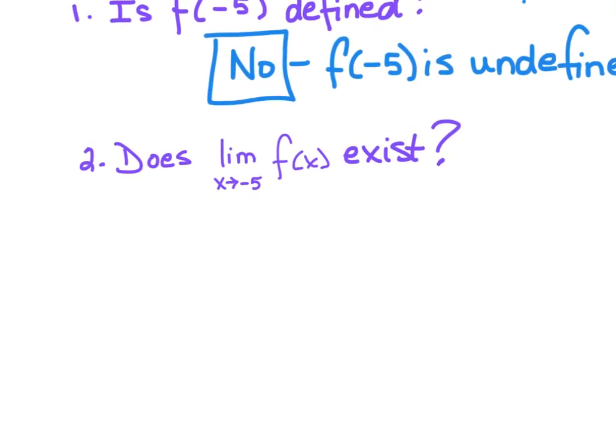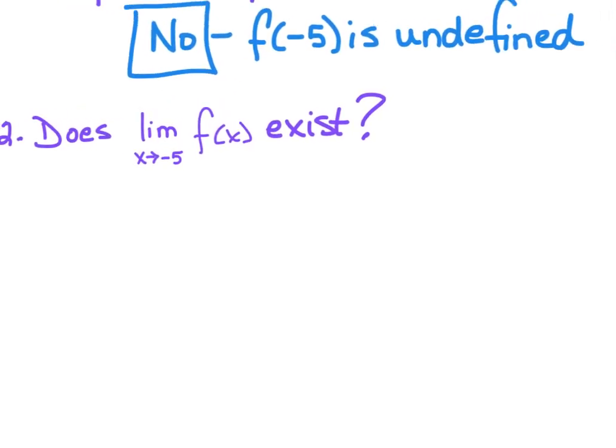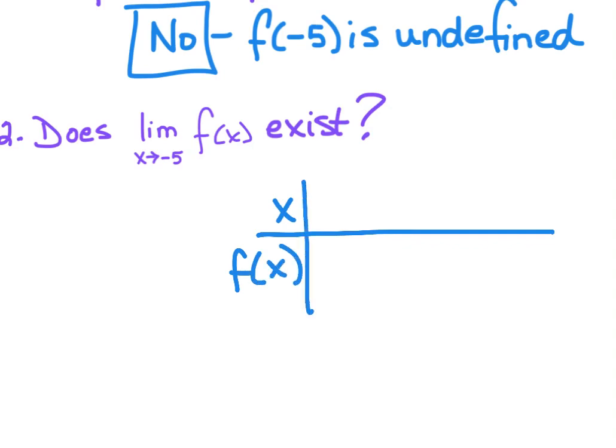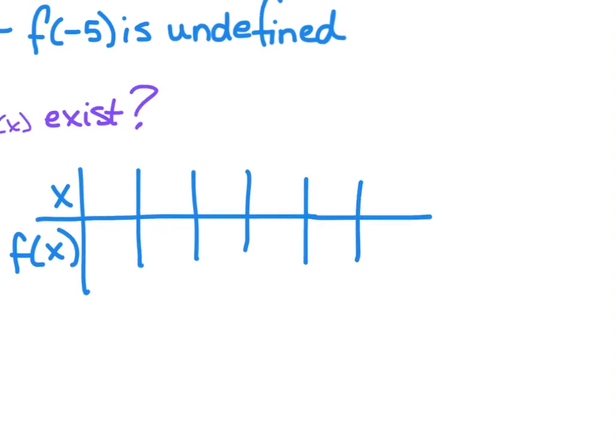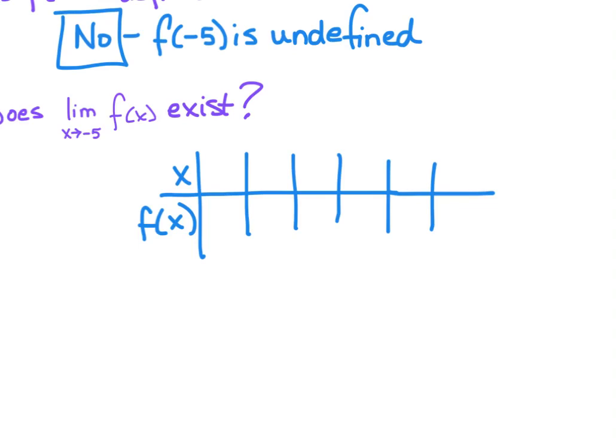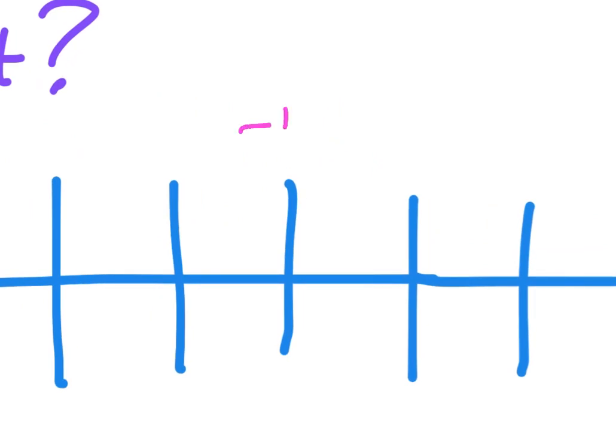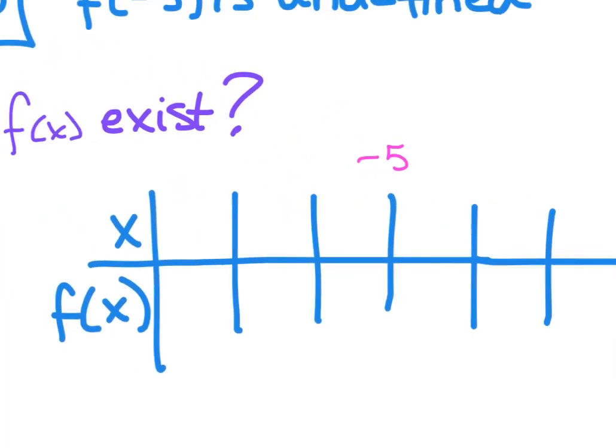And then you're going to draw your table and fill in your table and do all the things that we've been doing for limits. So that's going to be x and f of x. And I want -5 to be the number in the middle here. And so we're going to have x approach -5 from the left and from the right.